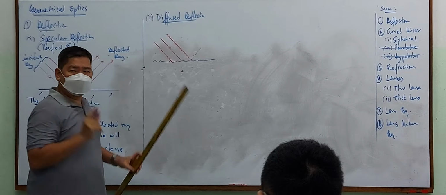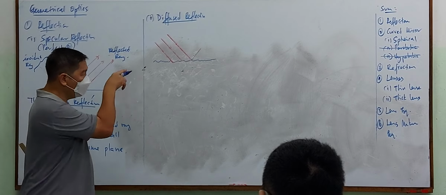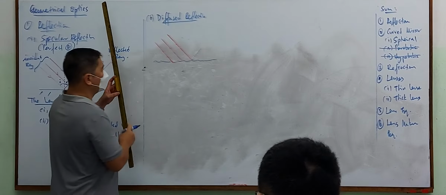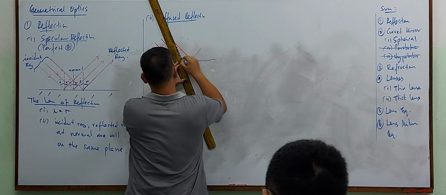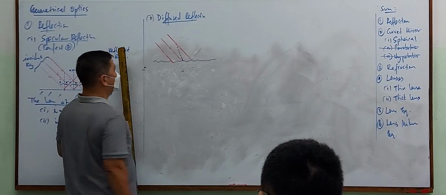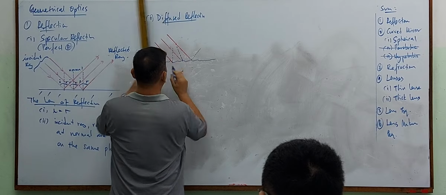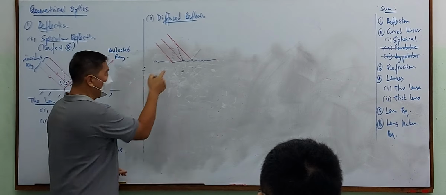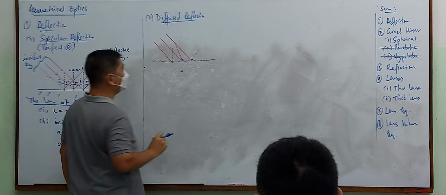Now, the direction is different because of your normal line. Remember that it always has to follow the normal line. This one here, the normal line is like that. See, definitely a different direction. This one, the normal line is here. So these are all normal lines, 90 degrees with the surface here, surface here, surface here.